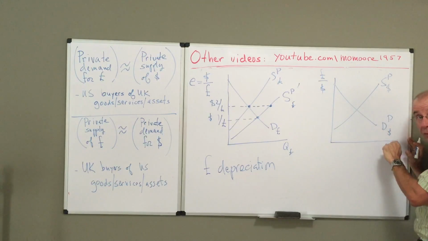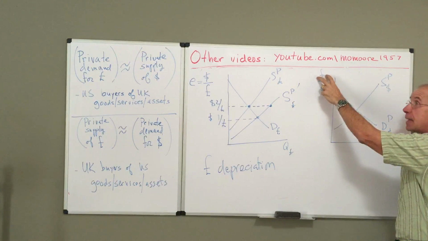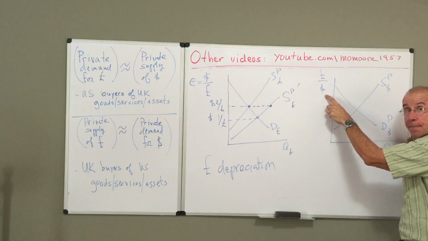This is the price of dollars. It's how many pounds it takes to buy a dollar.